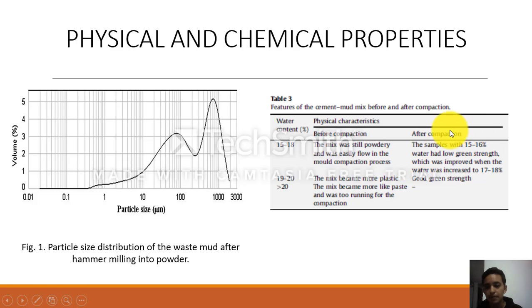After compaction, the samples with 15 to 16% water had low green strength, which improved when the water was increased to 17 to 18%. But with 19 to 20% water content, before compaction the mix became more plastic, and after compaction the mix would gain its strength.